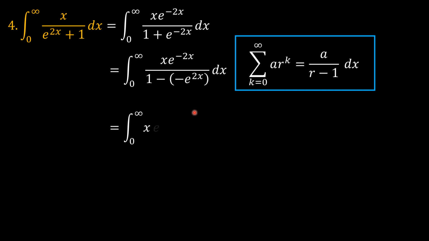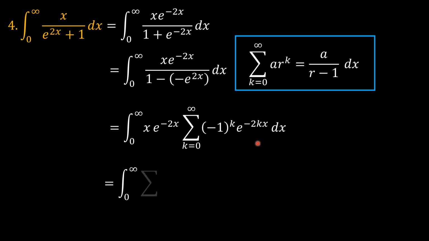Anyway, so we're going to pull that here, and keeping the numerator as it is, we have negative 1 to the power k, this negative here, times e to the power negative 2kx. And then now we combine all the x's, because we can pull that in.